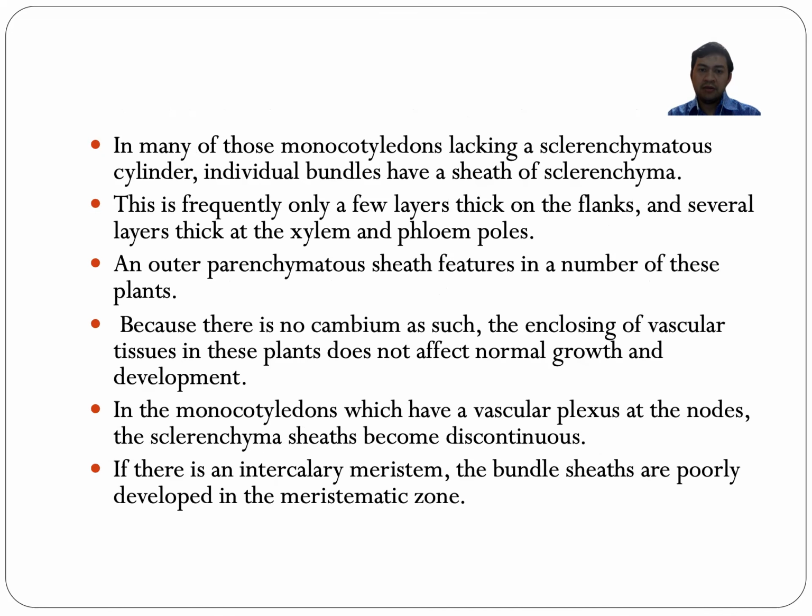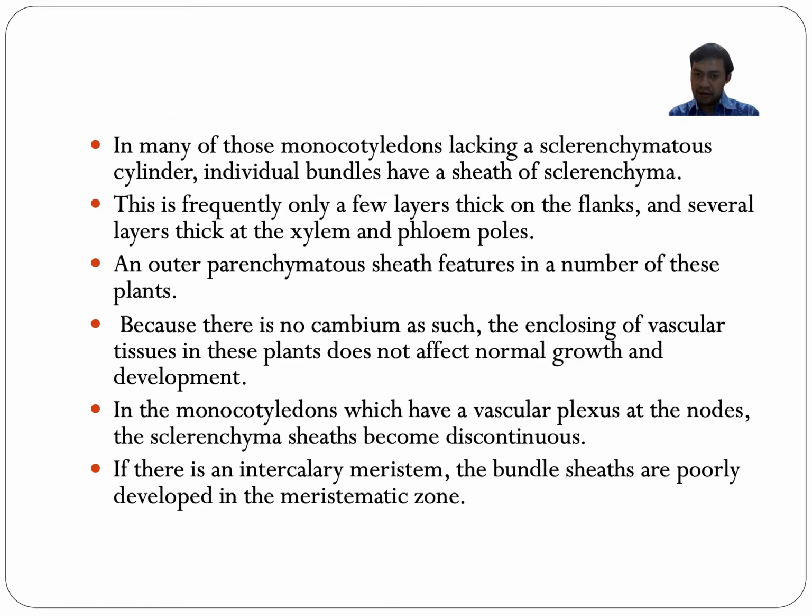In many monocotyledons lacking a sclerenchymatous cylinder, the individual bundles have a sheath of sclerenchyma. This is frequently only a few layers thick at the flanks and several layers thick at the xylem and phloem poles. An outer parenchymatous sheath is featured in a number of these plants.